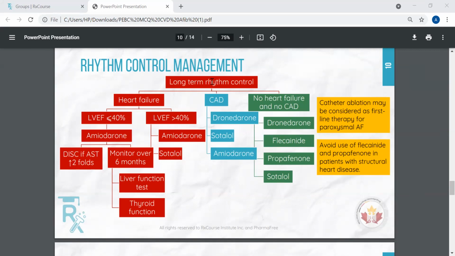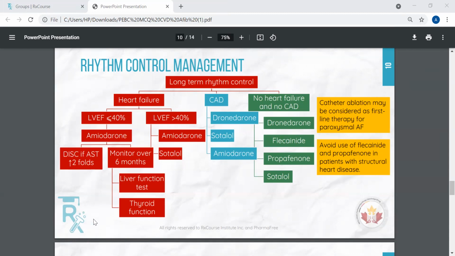But I have to put him on something else to make rate control already. So if I'm going to use propafenone or flecainide, the patient shouldn't be taking atenolol, a beta blocker. No, he should be on verapamil or diltiazem, and at that point, I can achieve rhythm control with flecainide or propafenone. This is regarding these two medications, and it's very important. Flecainide and propafenone have to be combined with a calcium channel blocker, verapamil or diltiazem.